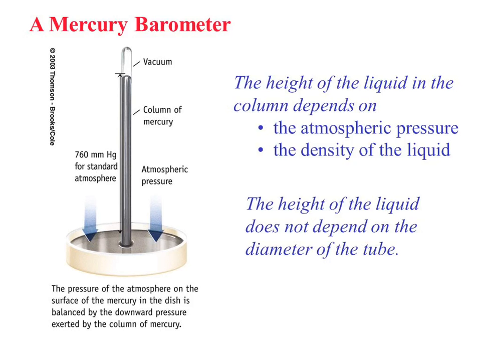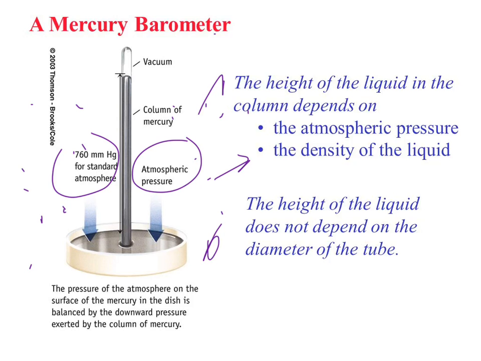Whatever is in the room where your mercury barometer is has these particles of mostly nitrogen, about 80% N2 and about 20% O2. They are creating a pressure in all directions. One of the directions they're creating a pressure in is on the open pan of liquid mercury down there.